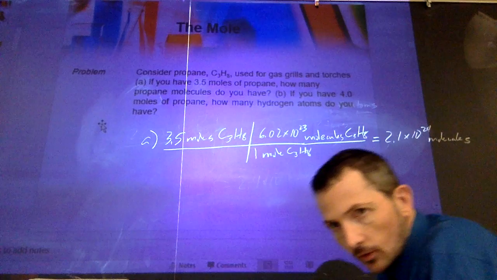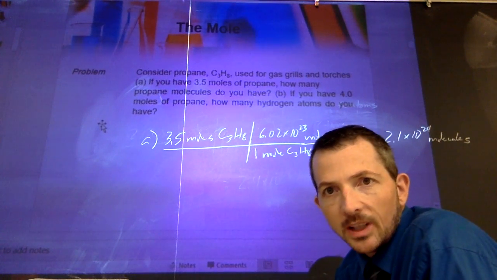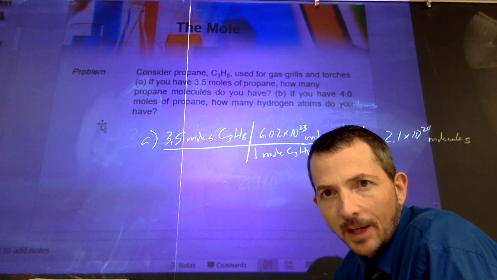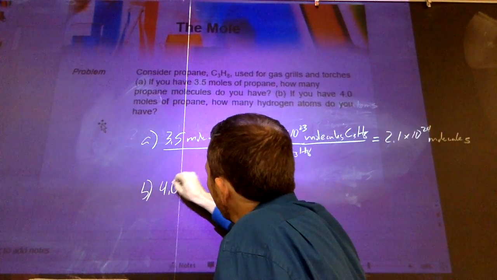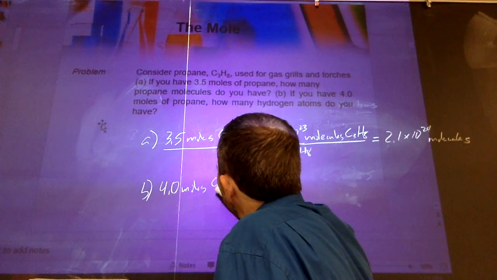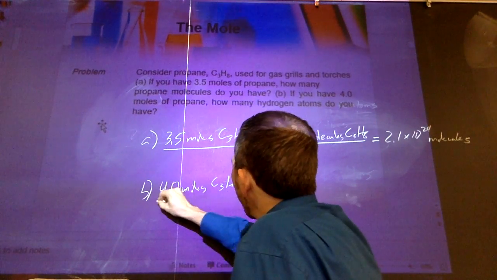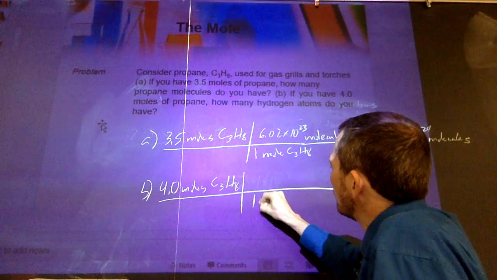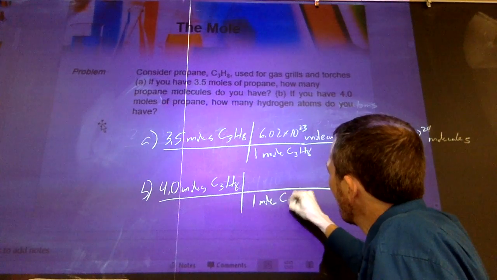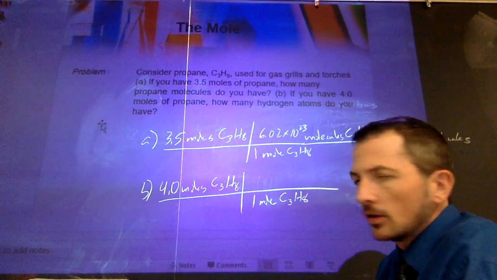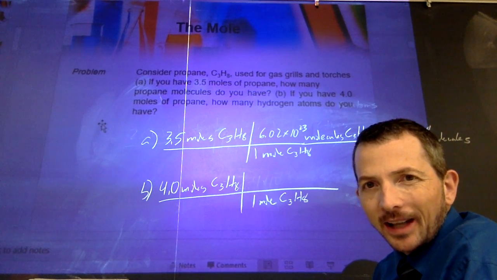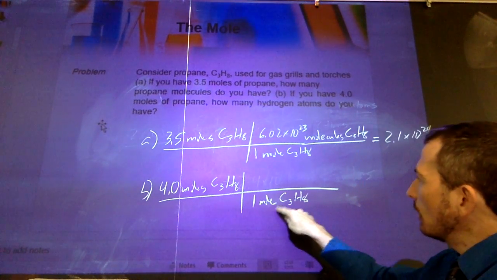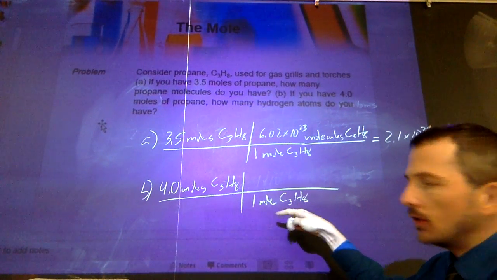And that's molecules. B says if you have 4 moles of propane, how many hydrogen atoms do you have? Again, I'm given 4 moles of C3H8. How many hydrogen atoms? Well, I have a mole of C3H8, so that's a molecule.